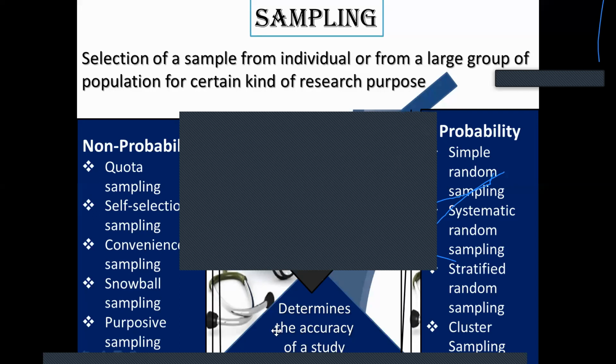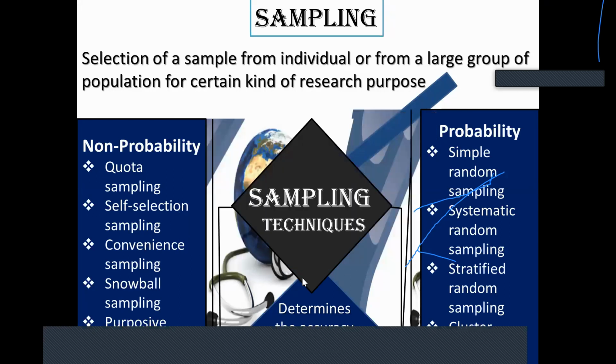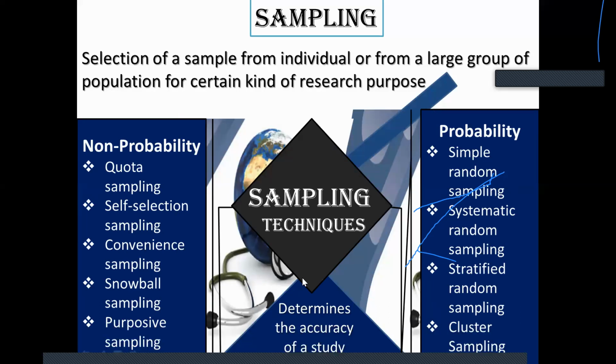Rachel, it's not called sampling because sampling, as I've already said, is the selection of a sample from a large group. This is called census, or it can also be called a population study. You are considering all of them; you've not sampled.